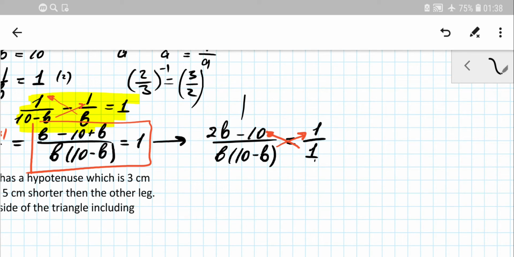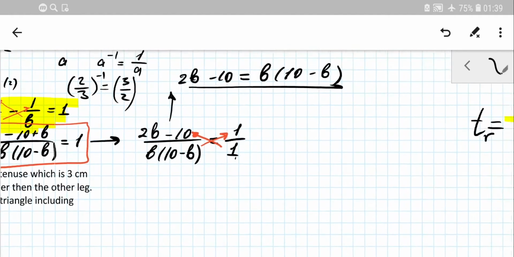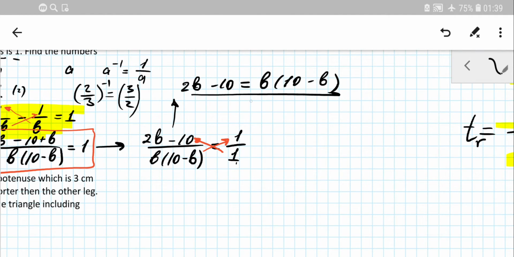Okay, so let's see what we've got. We've got the following: 2b minus 10 multiplied by 1. There is no effect. So equals to b times 10 minus b. And now what we've got is just normal quadratic equation. Because 2b minus 10 equals to, if we expand, 10b minus b squared, from where we can transfer all the terms to the left side. Why?